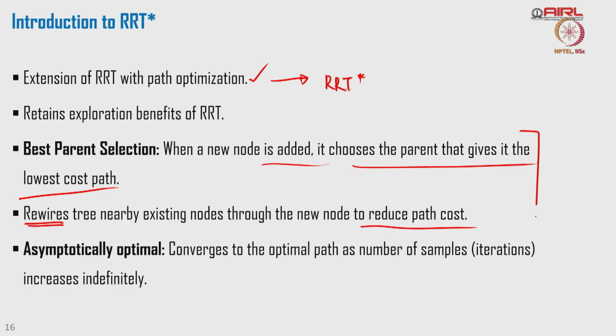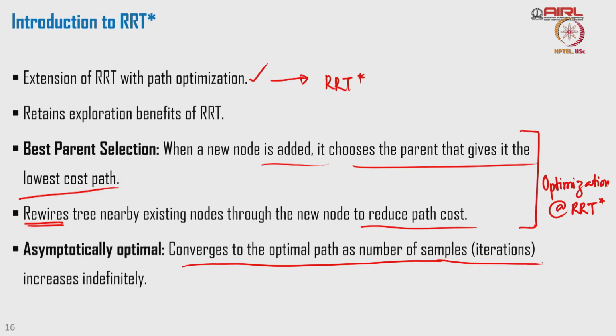So, in these two steps you can see that the main objective of RRT star is this optimization, which we were missing in RRT, right. So, in this way it will get an asymptotically optimal path, and converges to the optimal path as the number of samples increases. Okay. Fine. So, in that way RRT star gives some advantage over RRT.